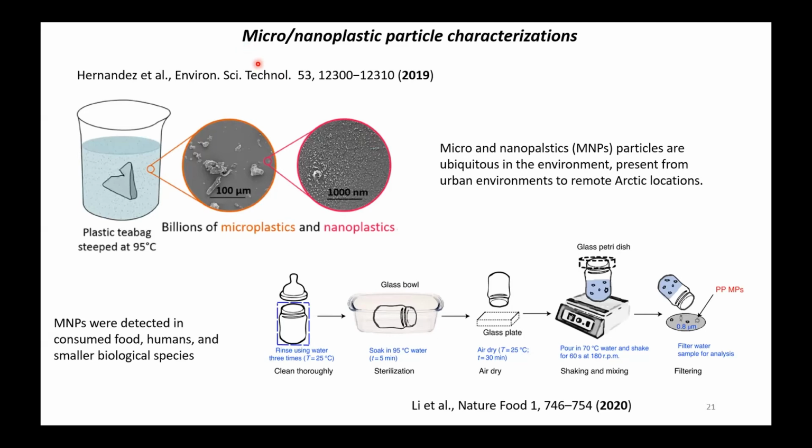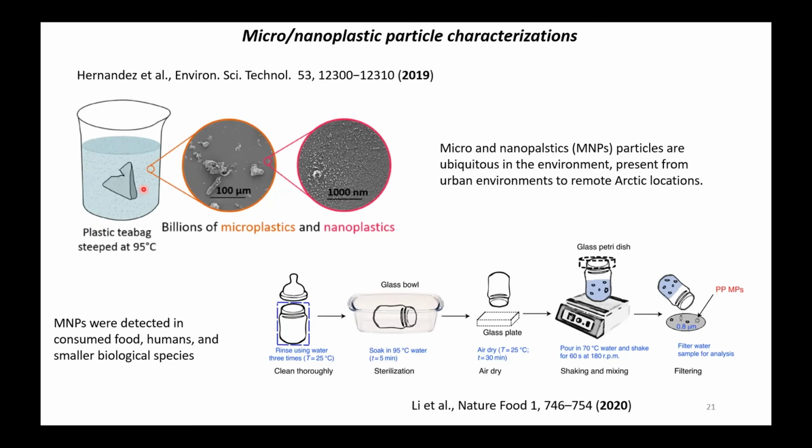This has been much discussed in the last 5-10 years, and people have been showing that microplastics and nanoplastics can come as a direct release from consumer products. Here is an example from 2019.